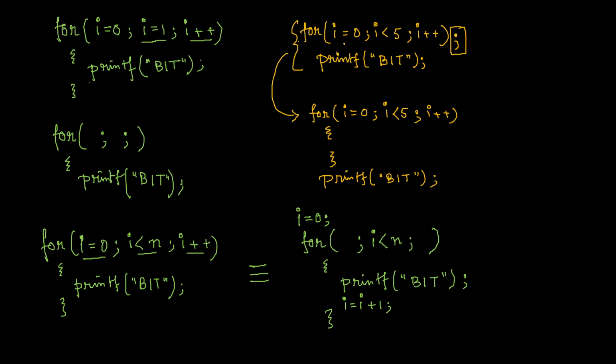If I have a semicolon after the for loop, only this statement will be considered as this part.